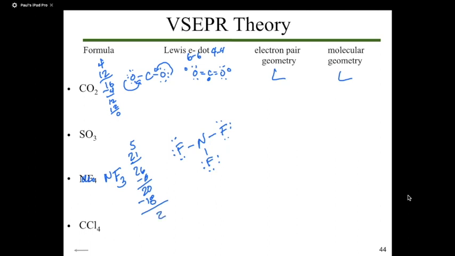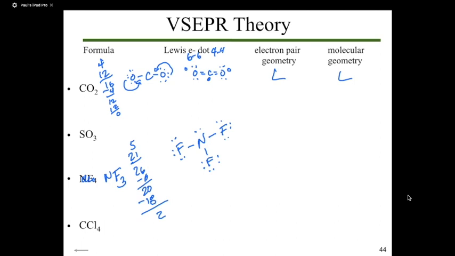Where do those last 2 electrons go? On the nitrogen, the central atom. I need to check nitrogen. Does nitrogen have octet? Yes. 2 from the lone pair and 6 from the bonding pairs around it.